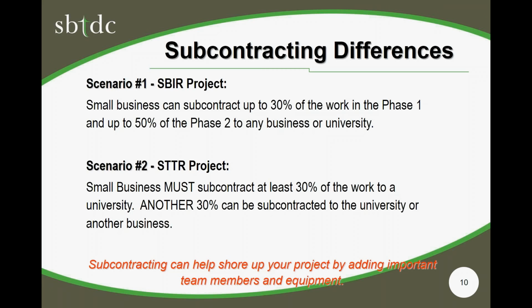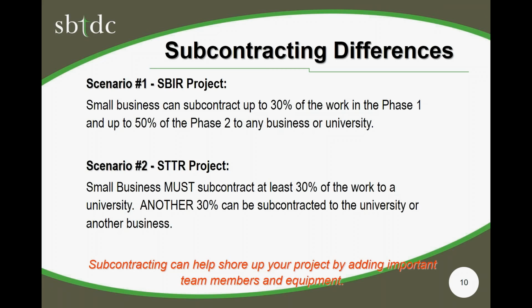In scenario one, the small business can, not must, but can subcontract up to 30% of the work, and that 30% is based on dollars in the phase one, and all the way up to 50% in phase two.